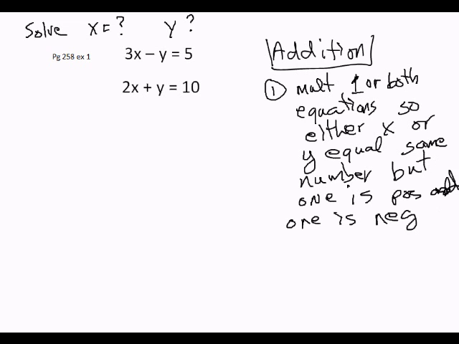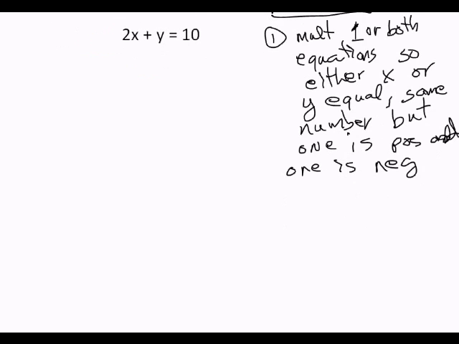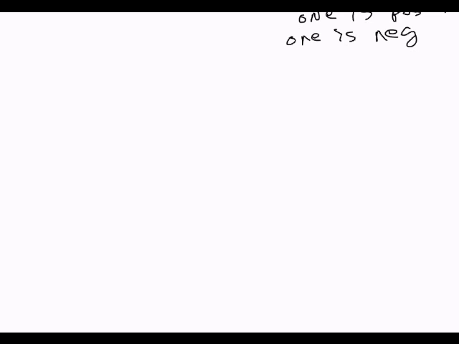So that's step 1. Multiply one or both equations so either x or y is equal, and I'm going to put a comma here, the same number, but one is positive and one is negative.